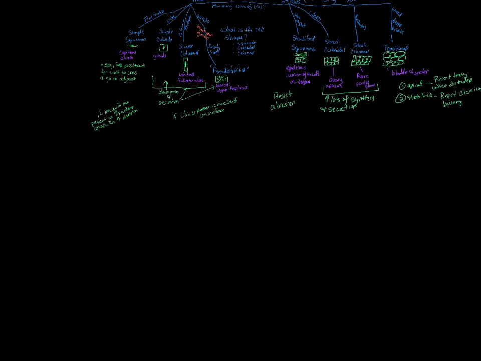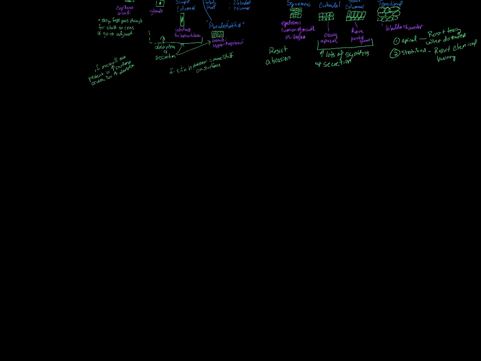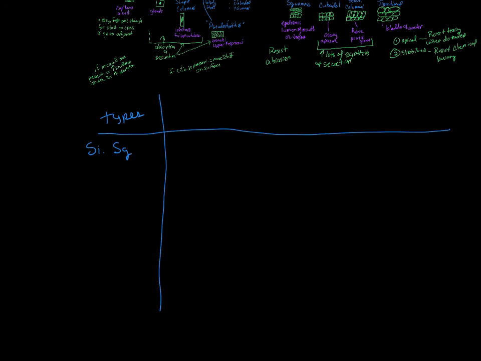All right, let's just really briefly discuss how you could also organize this information instead into a table. Okay, so here are my types of tissues. So I'm going to write simple squamous. And then I'm going to put a little thing in here that says draw it, okay? So I'm going to draw what it looks like. Describe it. One row of flat cells, okay?